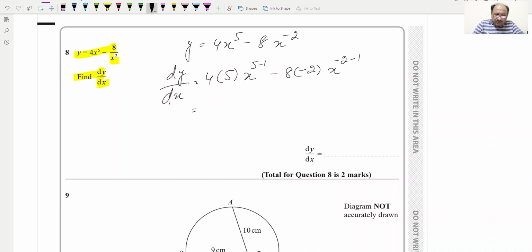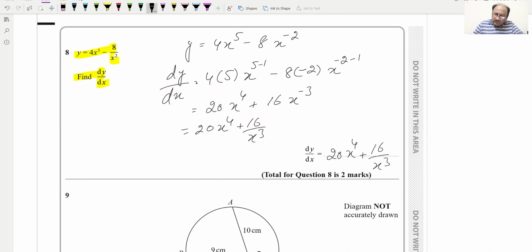So this will be equal to 4 into 5 is 20, x raised to 4, minus into minus will be plus, and it will be 16x raised to the power minus 3, or we can write 20x raised to 4 plus 16 over x cubed, and we can write the answer over here.